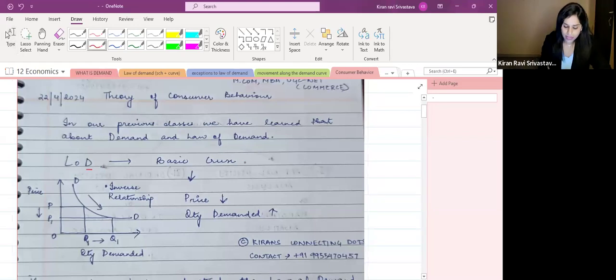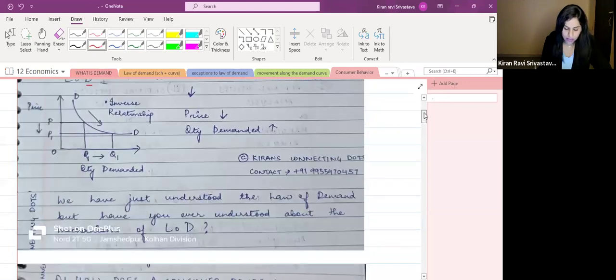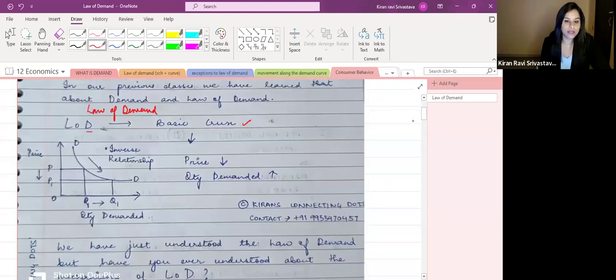The law of demand explains two main important things: that when the price decreases, the quantity demanded increases.